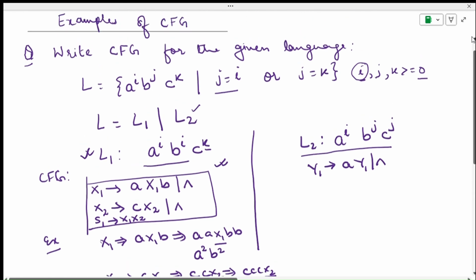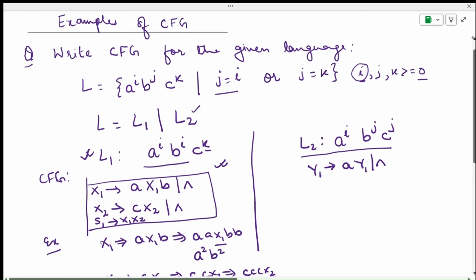Now take one more variable y2 that will make sure whenever B is there, C has to be there, so that we have an equal number of B's and C's. So I will write this as b y2 c. Eventually, the smallest value of j is 0, so I can replace this y2 with null.